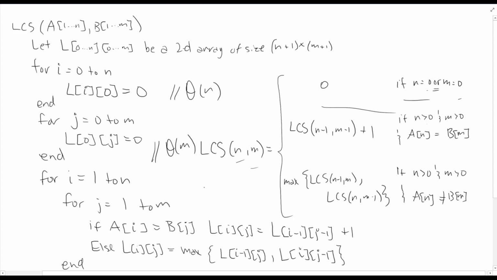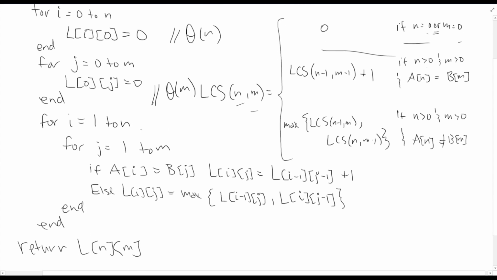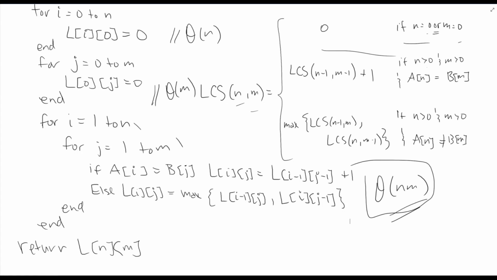And then again, maybe looking down below here, well, this is an n m. So this thing might be a theta n m. Yeah, that's the dominant one, or about n squared if they're equal. So yeah, we've got ourselves an n times m runtime for our longest common subsequence.